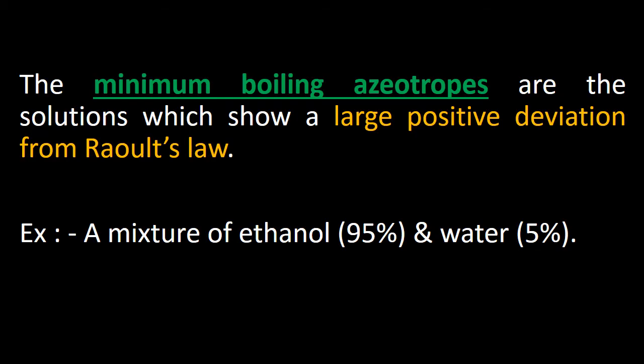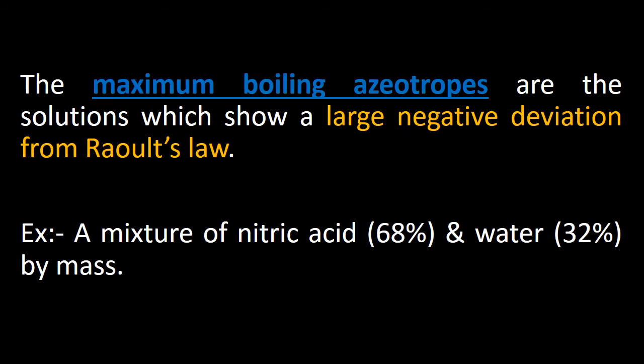For example, a mixture of ethanol, 95%, and water, 5%. The maximum boiling azeotropes are the solutions which show a large negative deviation from Raoult's law. An example is a mixture of nitric acid, 68%, and water, 32%.